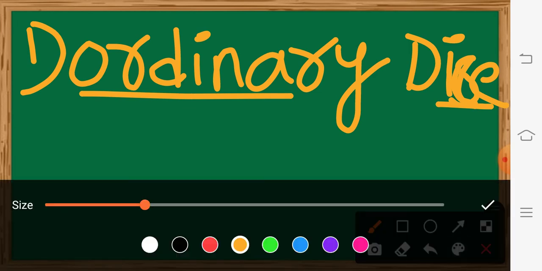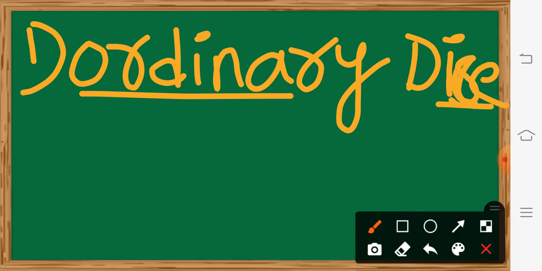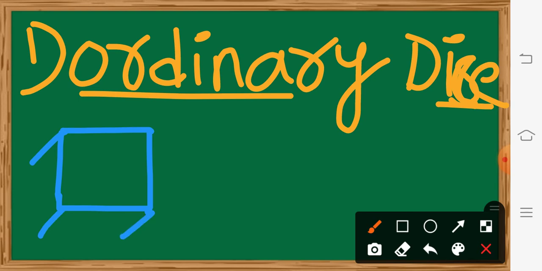In ordinary dice, we observe that the sum of opposite sides is not 7, but the sum of two adjacent sides is 7 or more than 7. In this dice, this is 3, this is 5, this is 4.